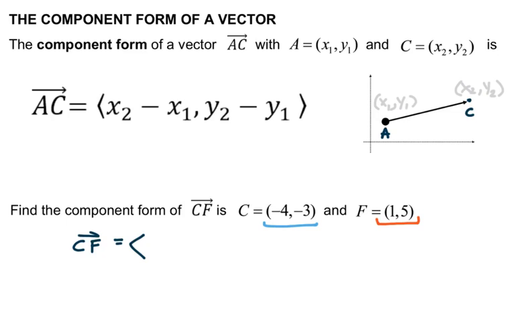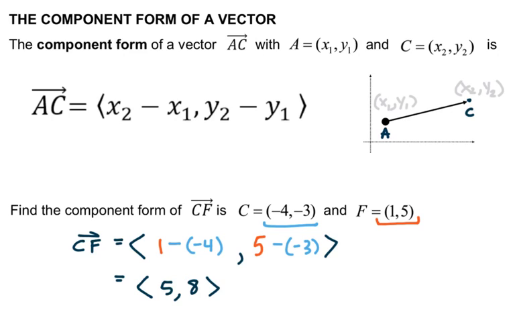So I have to go from my terminal 1 minus -4 for my initial, comma, and then we'll go with the same order with our y values, 5 minus -3. And that gives me the vector <5, 8>.